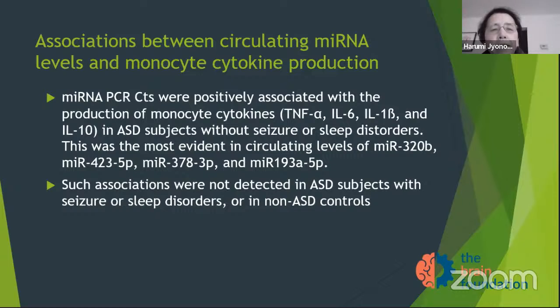Especially, we thought that if there is a difference, maybe the ASD subjects with or without seizure and sleep disorder show a different association. And actually that was true. We did see some positive associations with production of monocyte cytokines: TNF-alpha, IL-6, IL-1 beta, IL-10.